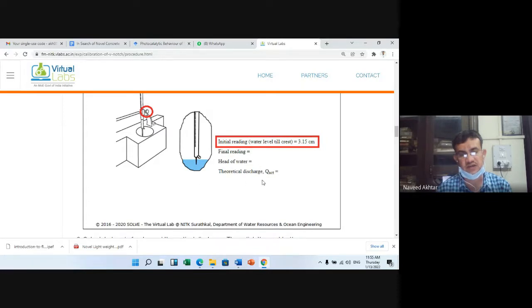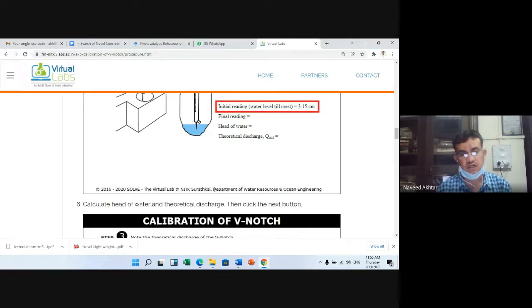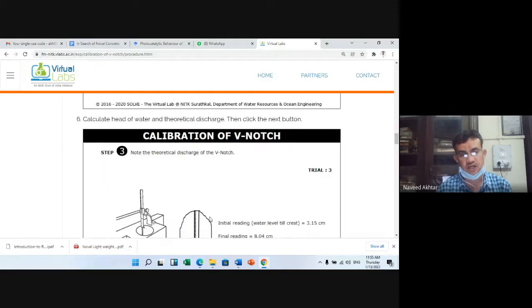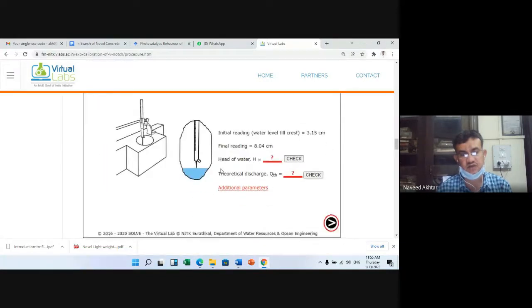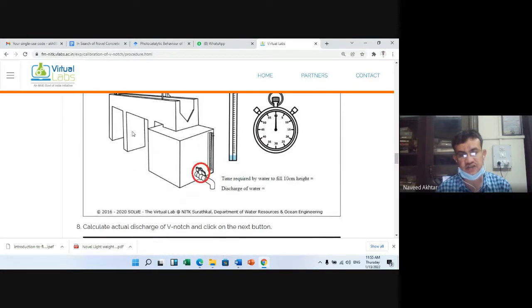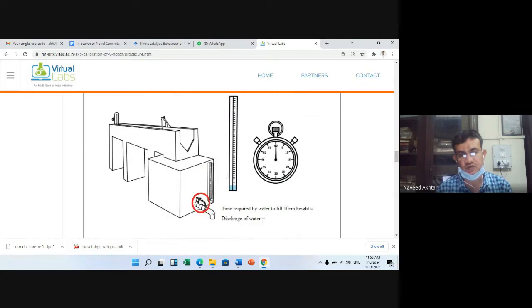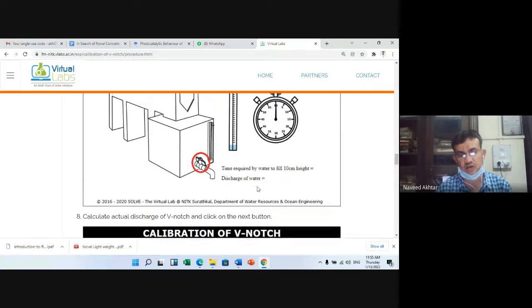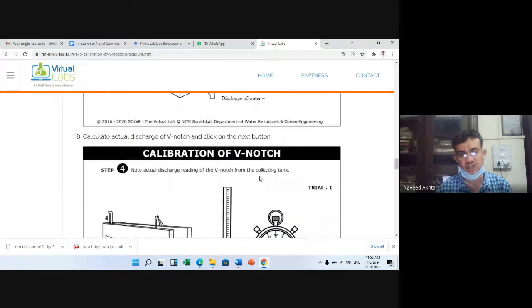Then you find the theoretical discharge using that formula. Put in the values as we solved for the rectangular notch. Then find the actual discharge from the time taken for the water to fill the volume of the tank: volume upon time in seconds or minutes gives you the actual discharge.